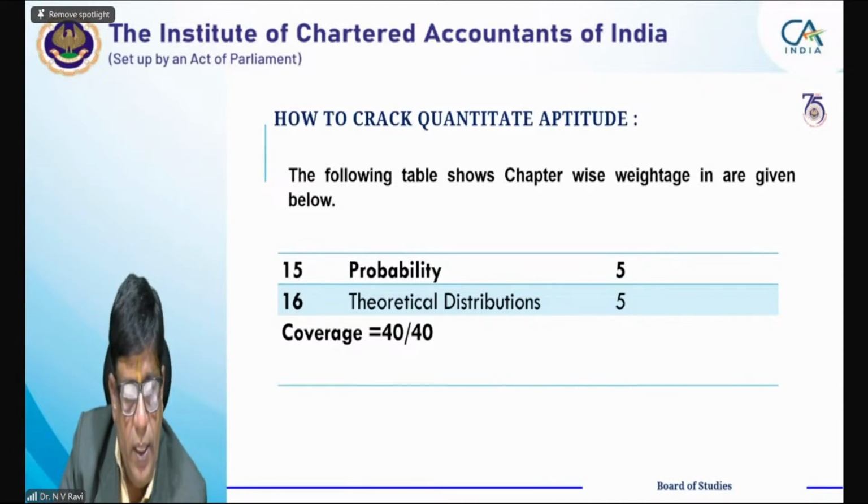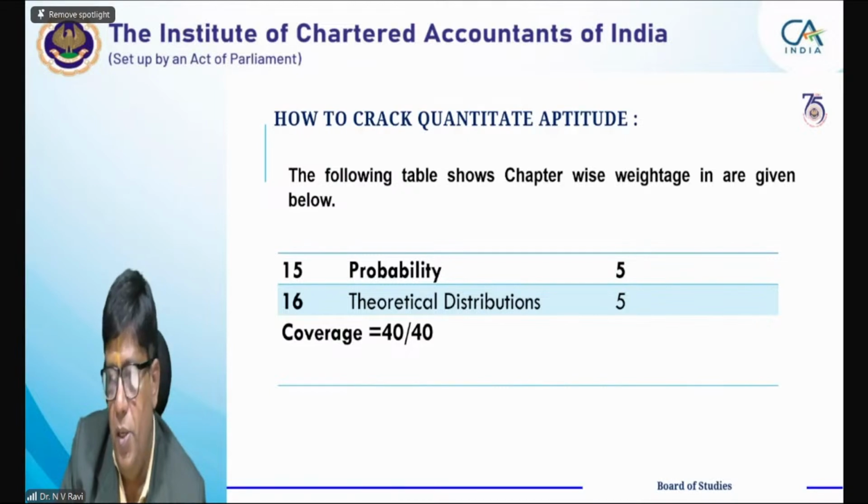And coming to the theoretical distributions here, there are discrete distributions and continuous distributions. As far as discrete distributions are concerned, the binomial and Poisson distributions come under that category.